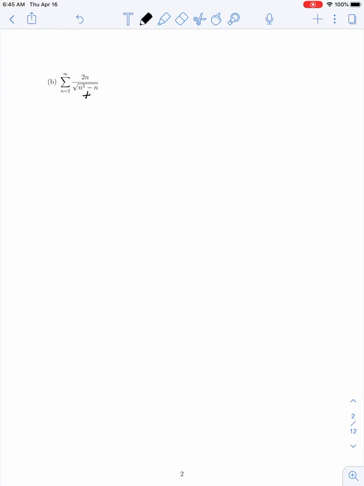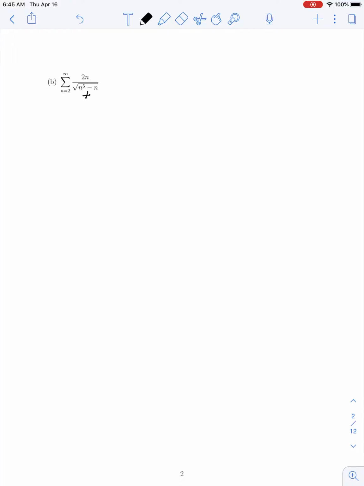It's got a quotient of different powers of n. And as in the last example, I see that in the denominator, under the square root, I have the sum of two terms, n to the 5th plus n. So I could ask myself, well, let's see if we could compare this to a p-series.